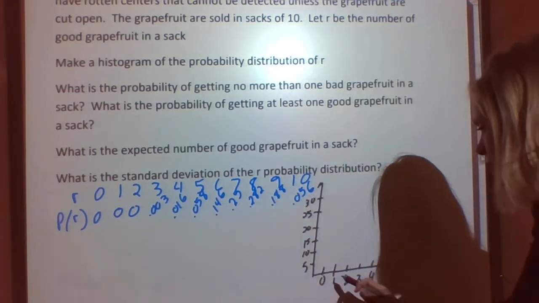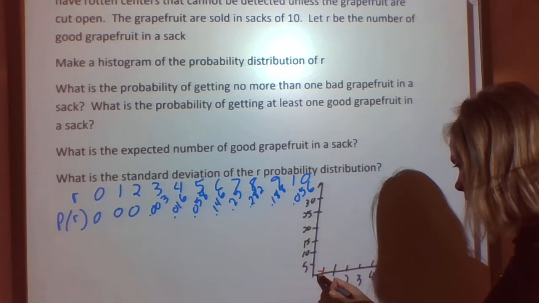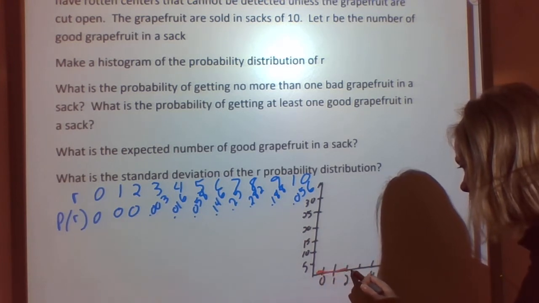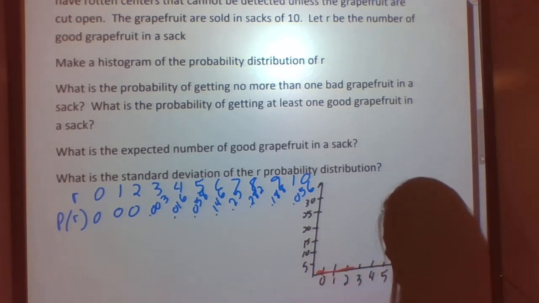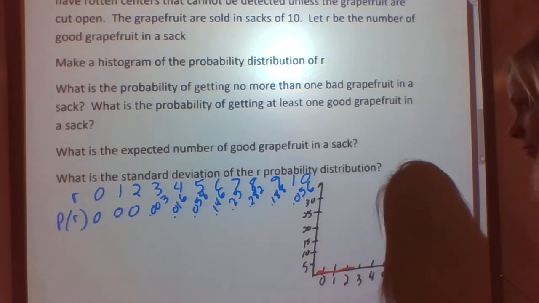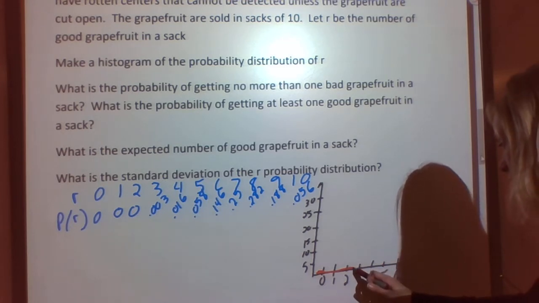So then 0%, I'm just going to highlight here because 0% means nothing. 3 is barely anything again. 4 is 1%.